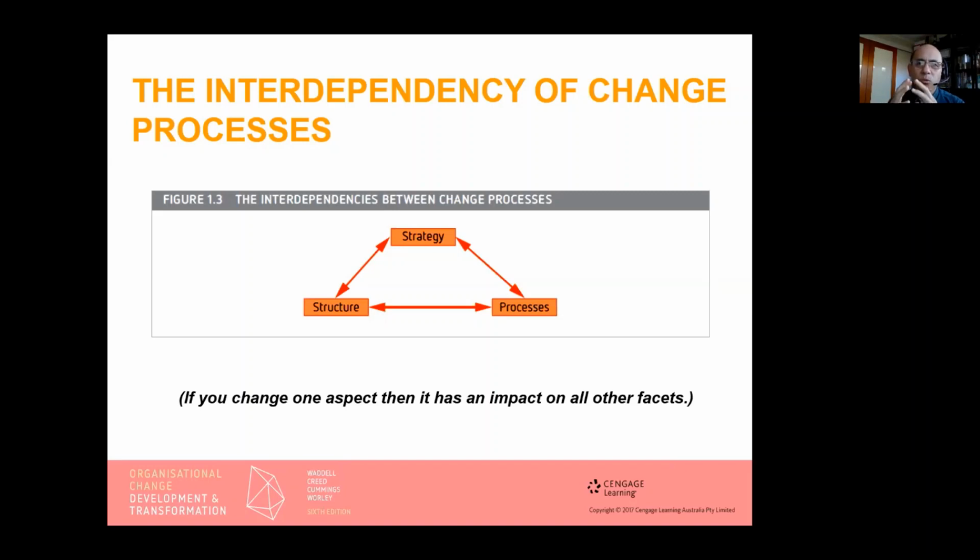So it's something to look at. If you are a change manager, you're trying to manage the change process, you have to look at different aspects of the business.